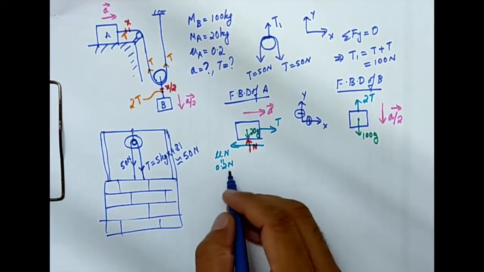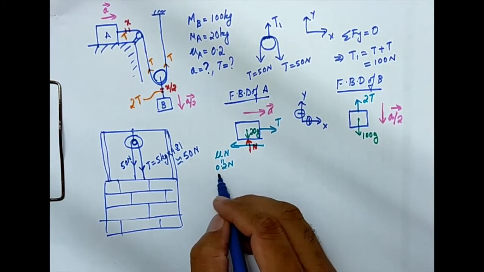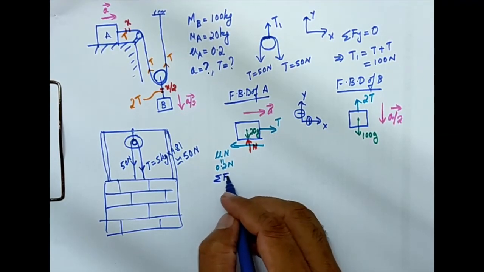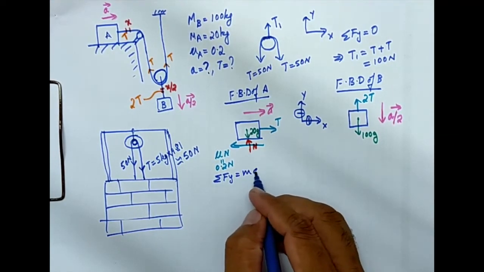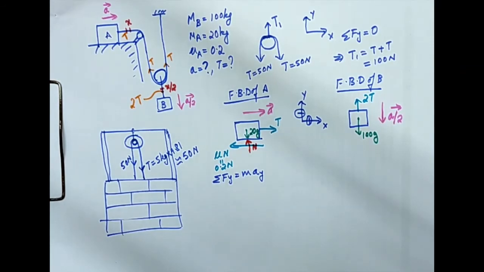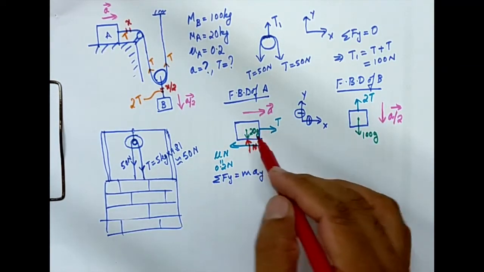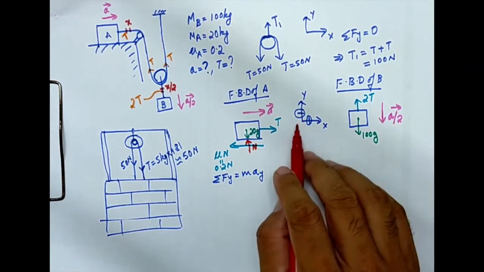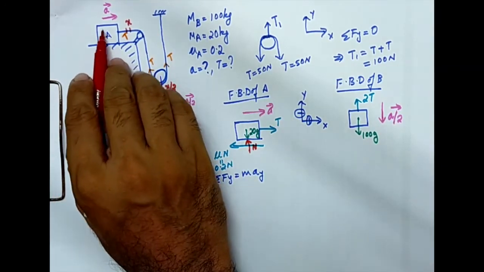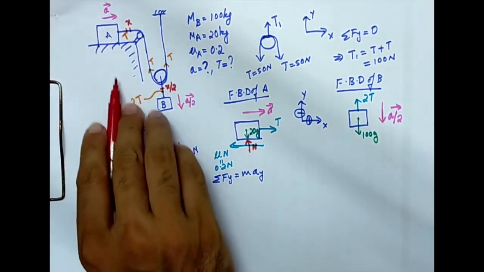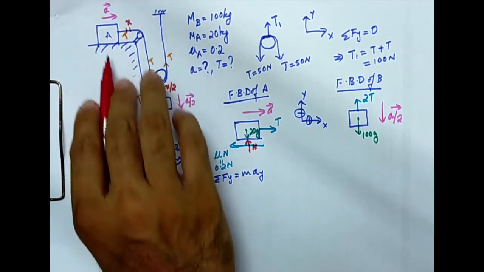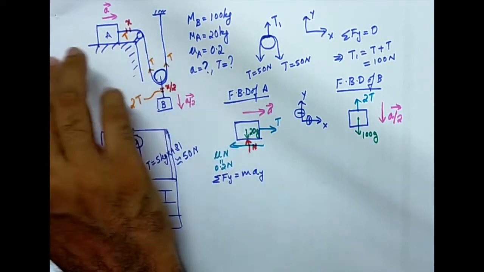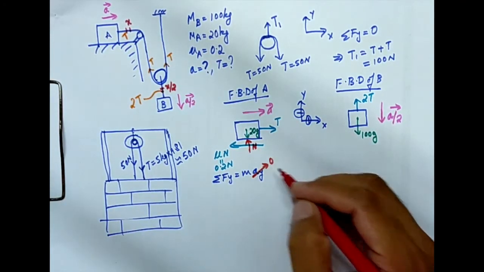So first I'm writing sigma Fy is equal to may. For block A, y is this direction. Now I will check whether this block is having any acceleration in this direction. No movement, it is only moving in the x direction, so this term is 0.